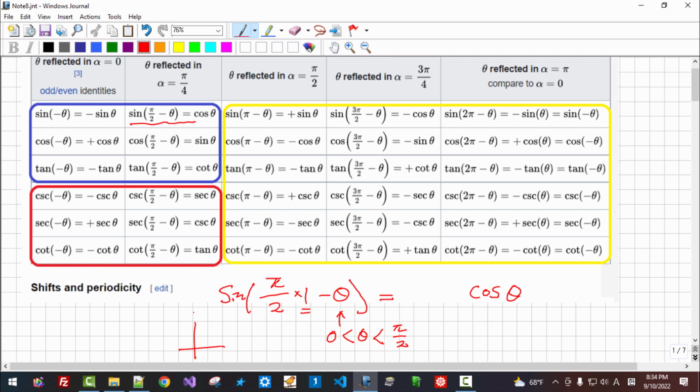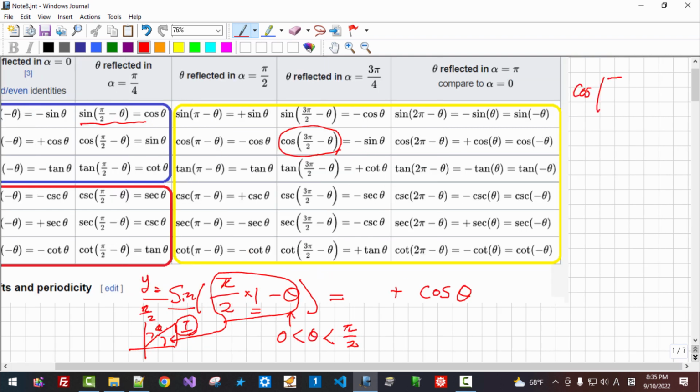Then this is pi over 2 minus theta. This is theta. So this is the first quadrant. In the first quadrant, sine follows y. So y is positive. So it is positive.